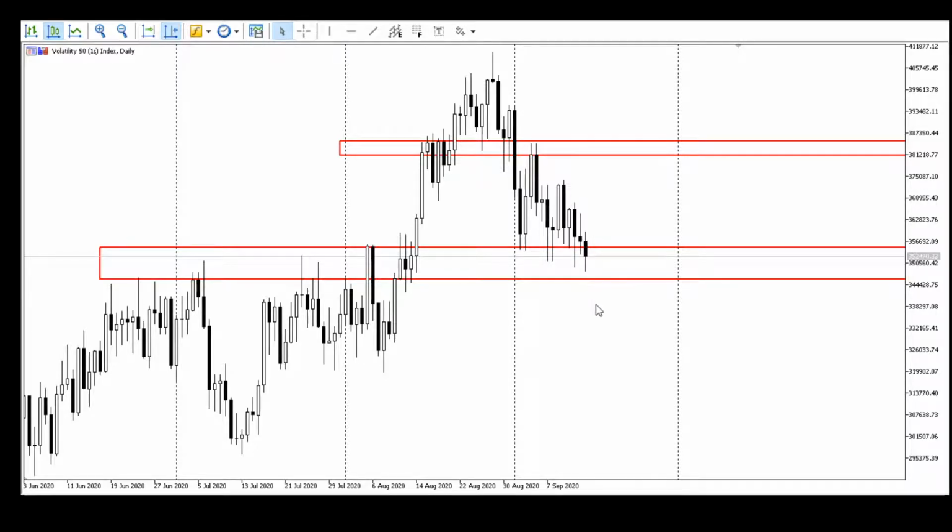Once they break this, once they come to retest, if there is no selling pressure here at this level, then they will push back up to this level again.